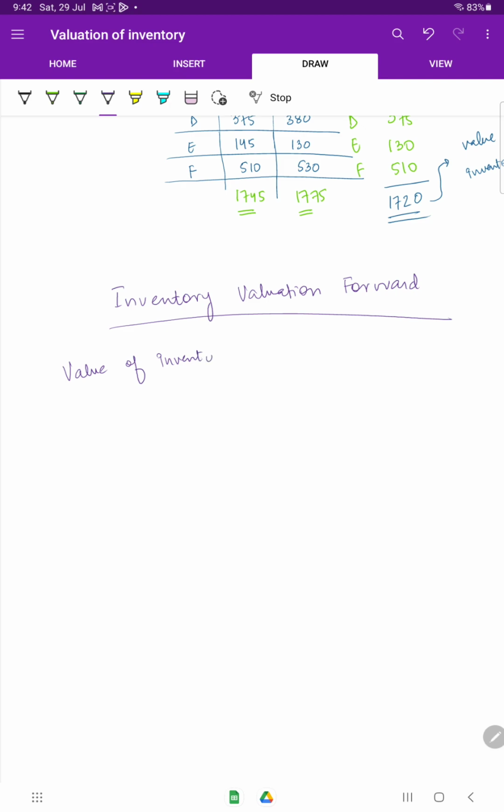For these two formats, I am assuming that my financial year is ending on 31st of December. So in terms of calculating it forward, I'll start doing my calculation in the last week, let's say on 25th.